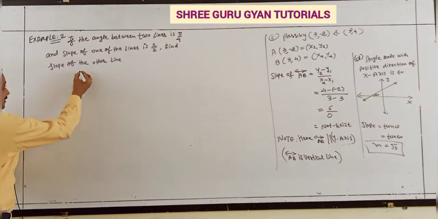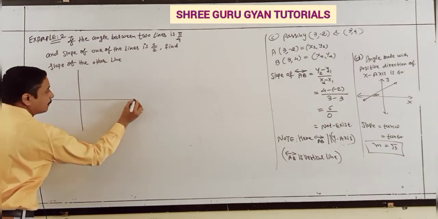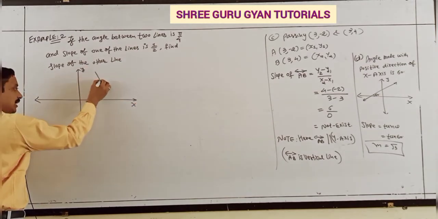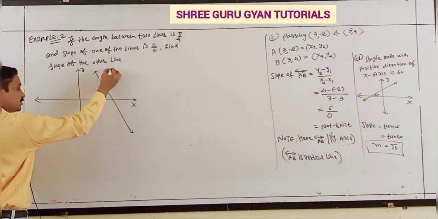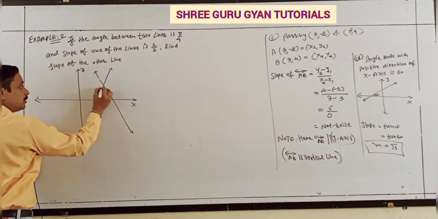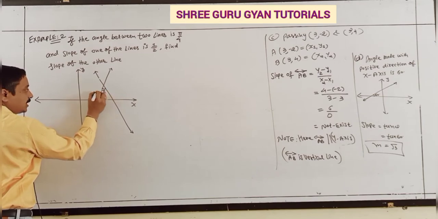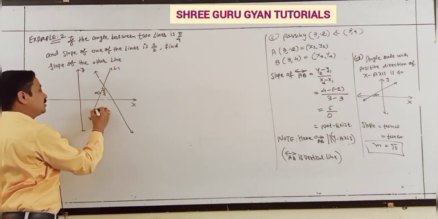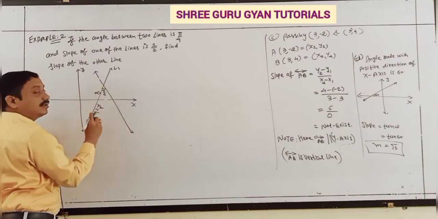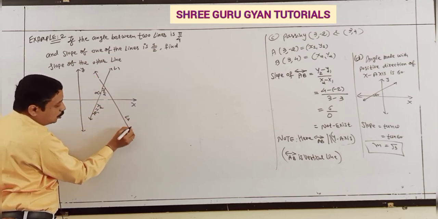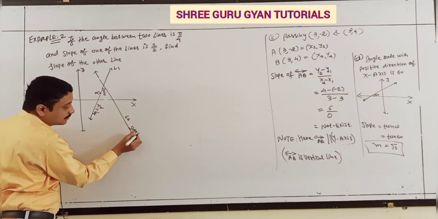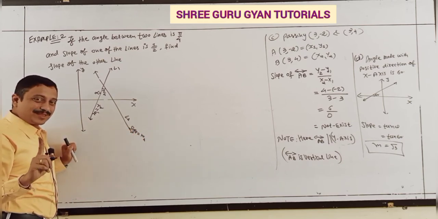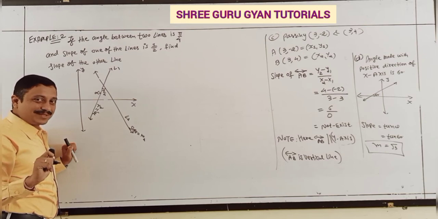Students, here consider this general drawing, x-axis, y-axis. This is one line, that's the second line. Between them the angle is pi by 4, which I am taking as alpha. This line L1 has slope m1, given as half. Line L2 has a slope we assume to be m2. The tan theta formula applied: tan alpha equals m1 minus m2 upon 1 plus m1 m2.